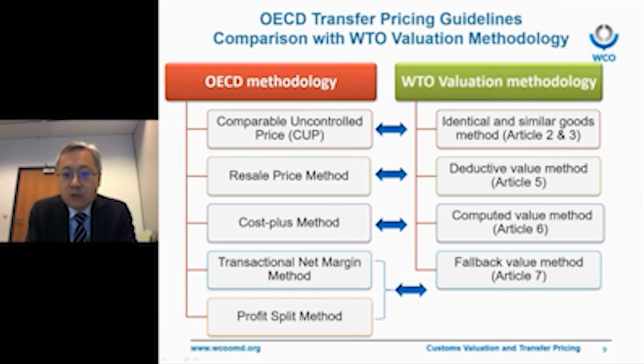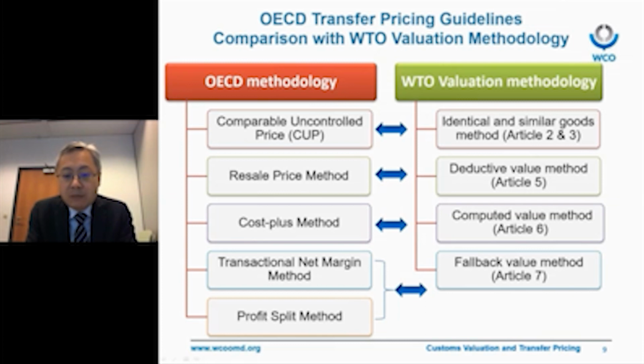If you pay attention to the deductive method, Article 5, under Article 5 the customs value is based on the resale price of the goods, and it's very similar to the resale price method in the OECD guidelines.